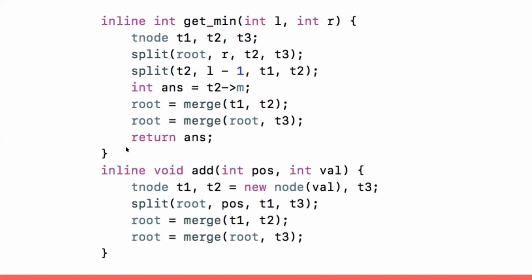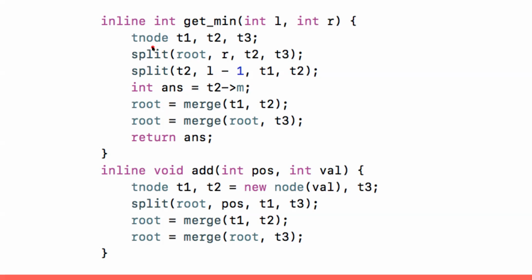Okay, and get min. So what if we want to find the minimum in some range? I think it's exactly the same code as for the treap. We are just splitting our splay tree into 3 parts.